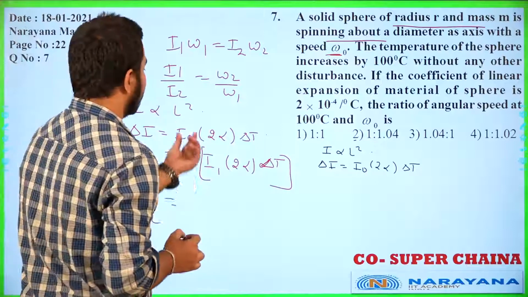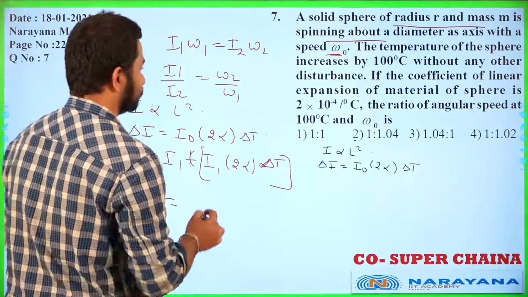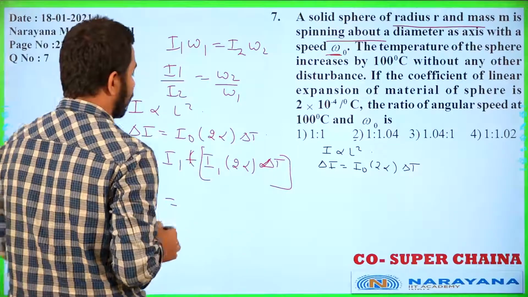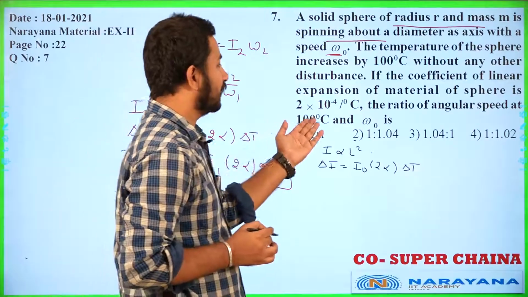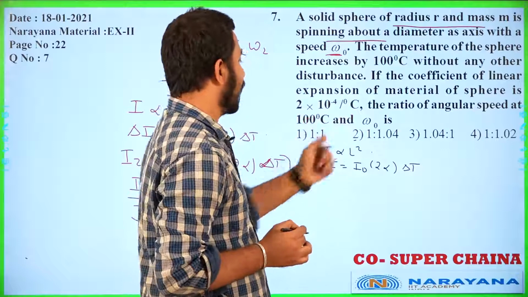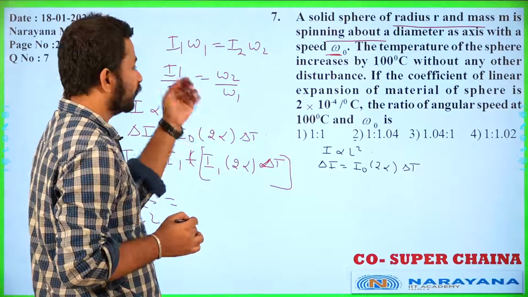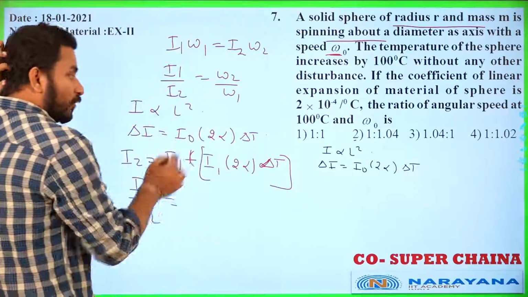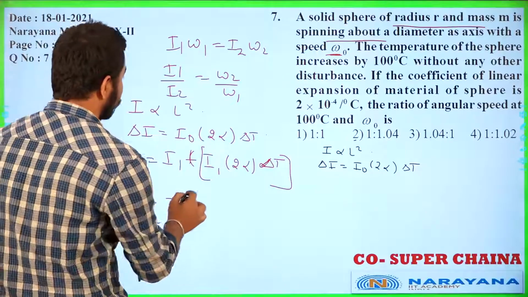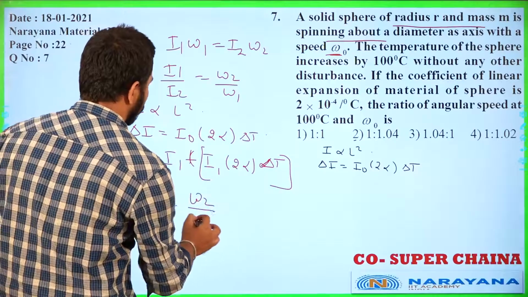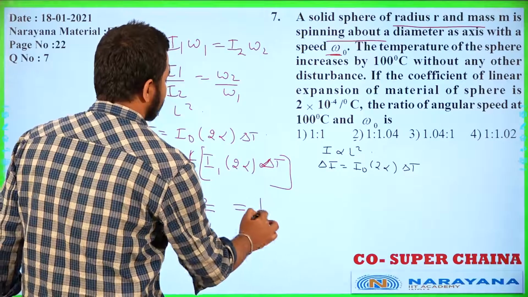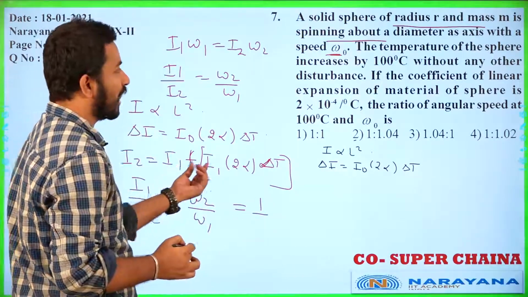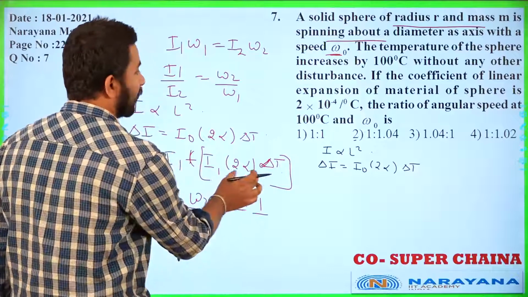This can be written in terms of angular speed, the ratio of angular speed at 100 degrees and omega naught. So we have to calculate omega 2 by omega 1, and when we simplify this, you just have to substitute the I and alpha values here.